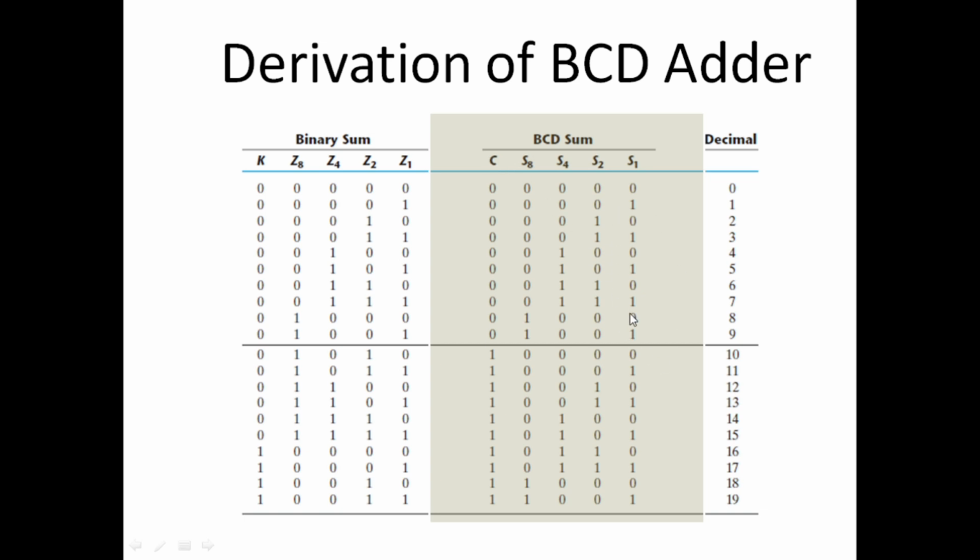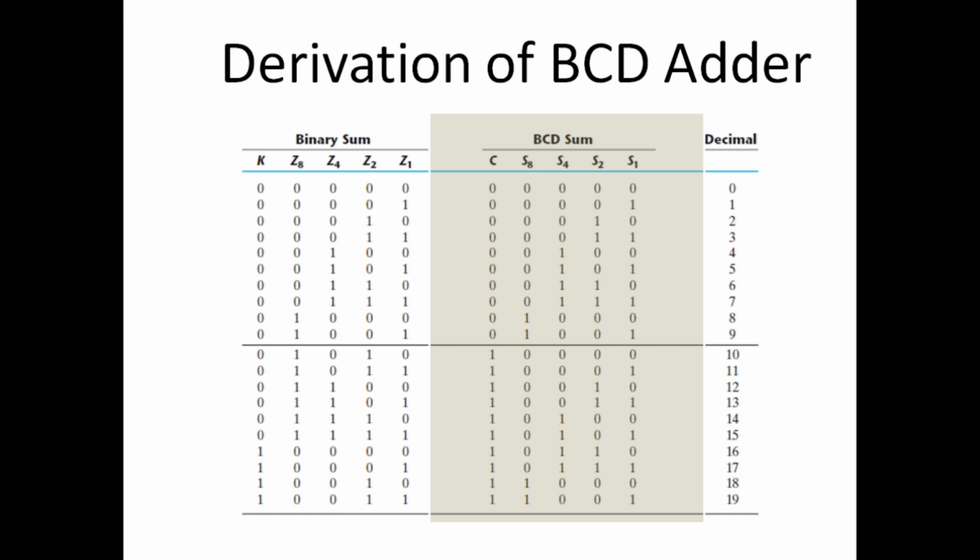If we carefully look, the values are similar to the binary sum. The BCD sum is similar to the binary sum for the first 10 values. That is, if the sum result is from 0 to 9, then in these cases the binary adder would produce the BCD sum, which are both the same, for these 10 output combinations.